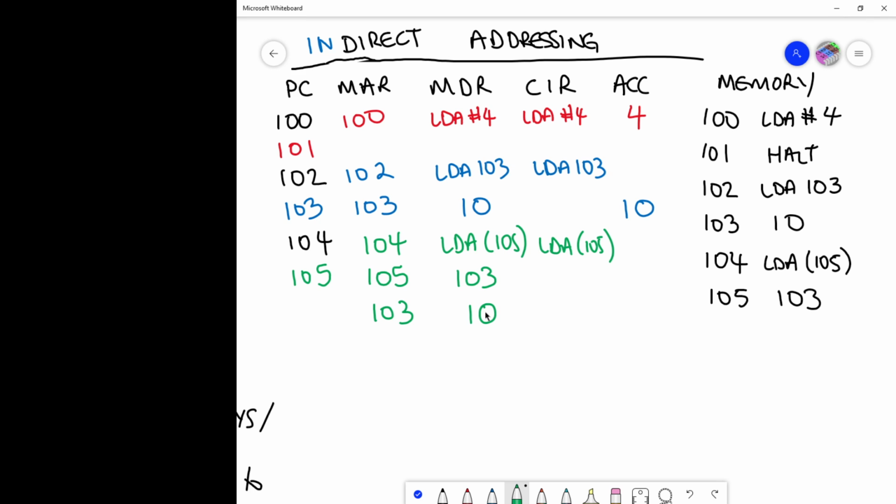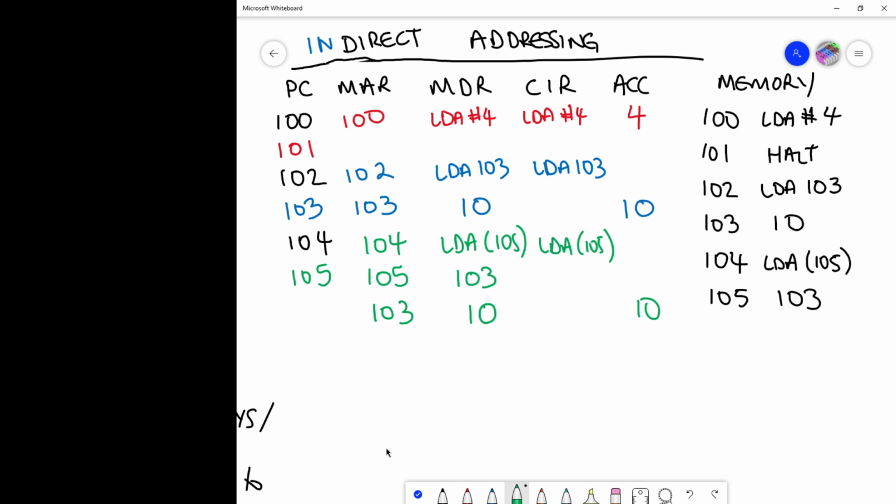At this point, the control unit goes, yes, finally, I've got all the data I need for this operation. What was I supposed to do? Oh, load to the accumulator. So the 10 goes into the accumulator. Now, can you see with this one, what's quite interesting, when you're tracing, you can see how many fetches you did. What register can you look at to see how many fetches occurred?